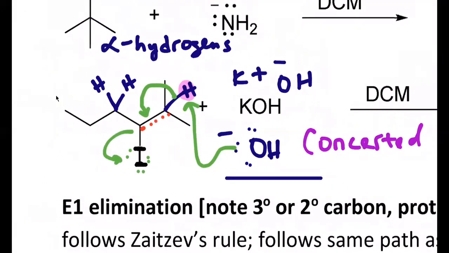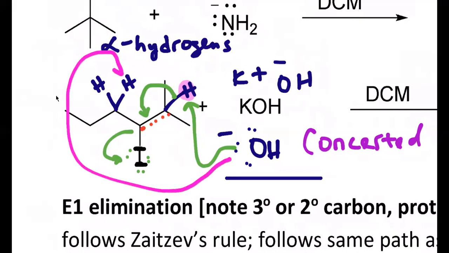But there's also a set of hydrogens on the other side that are susceptible to proton transfer too with this base, right? So let's see if we can put the arrows in for that one. I'm just going to change the color, right? So this pair of electrons is coming here, boom, like that. I'm going to push this pair of electrons here. Those are going to be the electrons to form my pi bond.